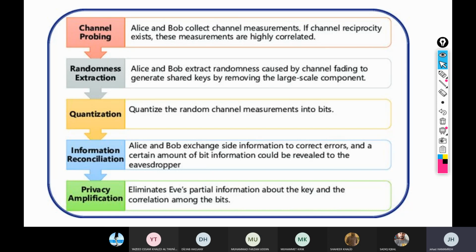So to summarize, after you do the channel sounding, it's expected that you will estimate correlated channels. The channel at Alice and Bob will be more or less the same because you are assuming a TDD system and the channel in the uplink is the same as downlink.